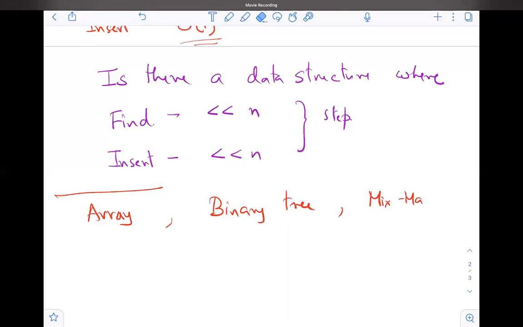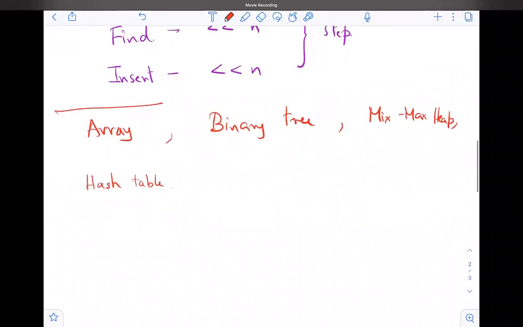Hashing. What is hashing? Hashing is not a data structure, sir. It is a technique. What do you do with hashing? You want to put it as a hash table? Yes. Okay, let's see. Which of them is true?